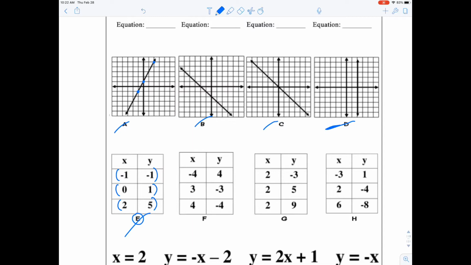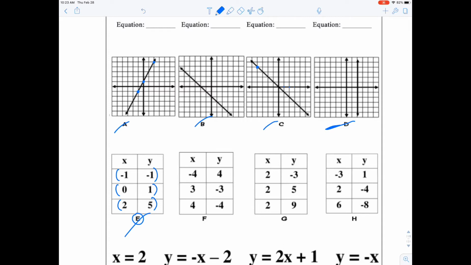Let's take a look at table F. I need -4, 4. I'm going to check graph B. So 1, 2, 3, 4. So that's -4. Go up 4. Nope, not graph B. Let's try graph C. -4, going 1, 2, 3, 4, and then go up 4. There we go. Let's check to see if this has 3, -3.